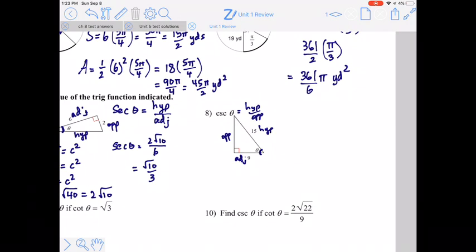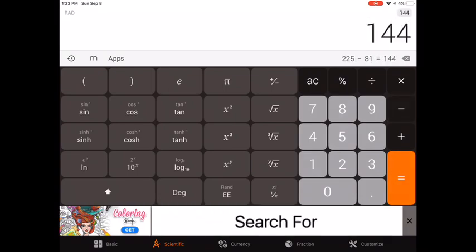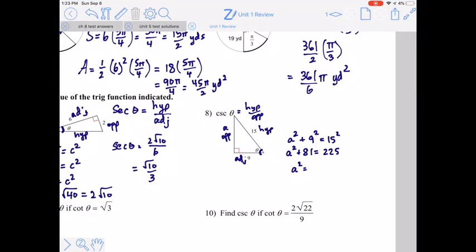So the opposite length I'm going to call A, since we don't know what it is. So we have A squared plus 9 squared equals 15 squared. And then do Pythagorean Theorem, 225 minus 81, 144.